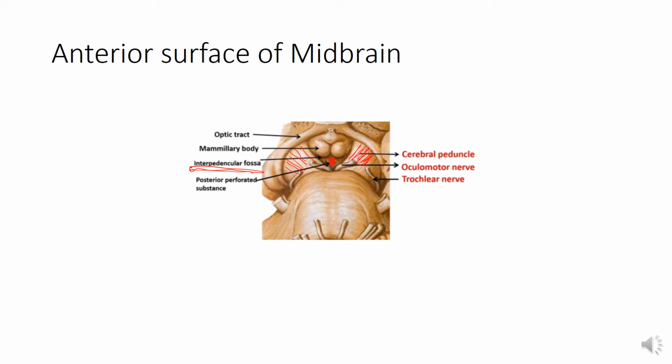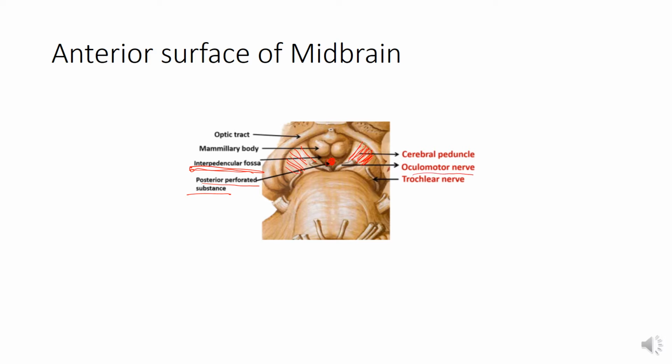The floor of the interpeduncular fossa is perforated by the branches of arteries. This is known as the posterior perforated substance.